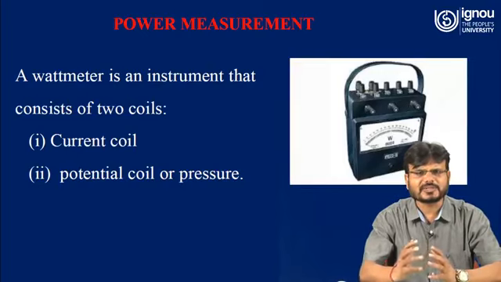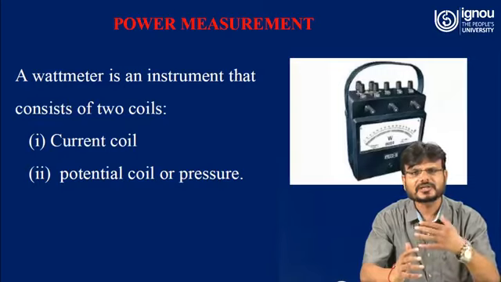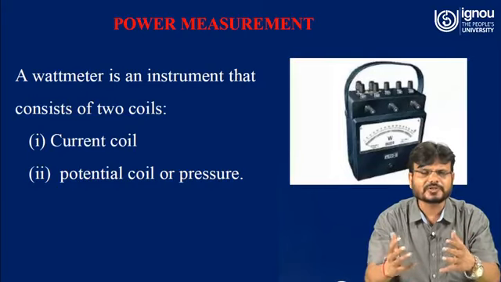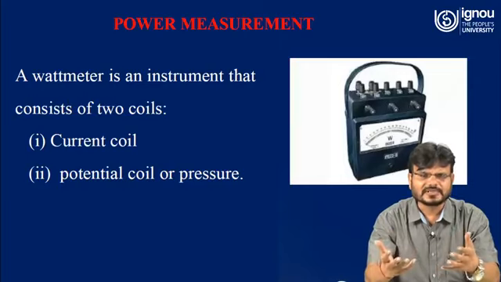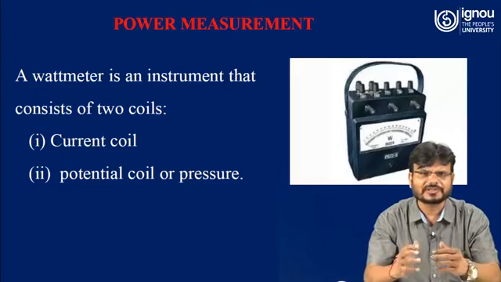With the help of the current coil you can measure the current, and with the help of the potential coil or pressure coil, you can measure the voltage. If you can measure the voltage and current, the product of voltage and current is what? That is power. And the unit of power is the watt. So the instrument that measures power directly is called a wattmeter.